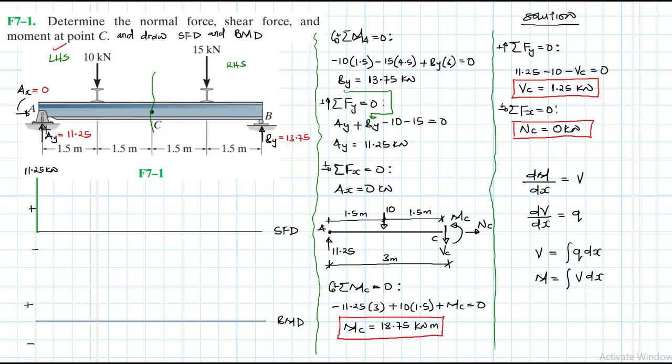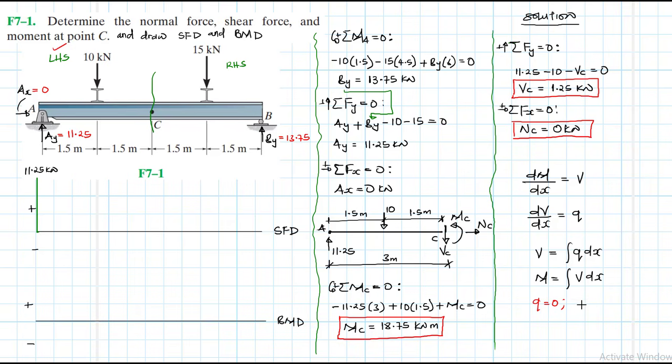When we reach there, between 11.25 and 10 kilonewtons, there is nothing. Therefore our Q in that region is equal to 0. We don't have any loading between 11.25 and 10 kilonewtons.